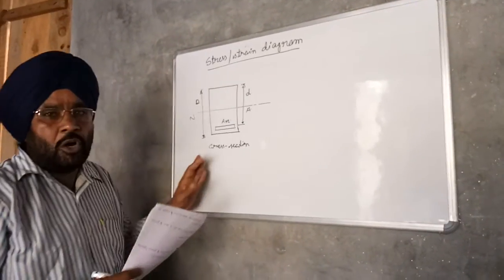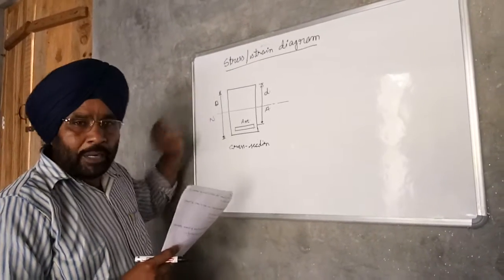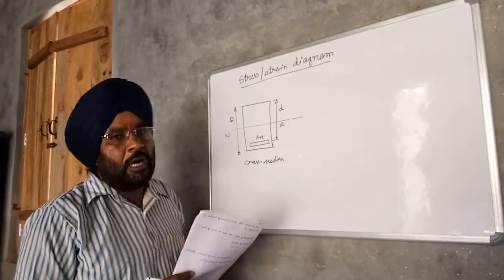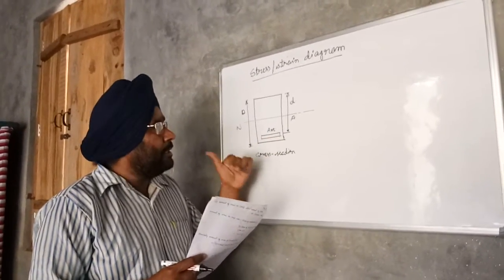D is the overall depth of the beam section, small d is the effective depth of the beam section, and AST is the cross section area of the steel in tension.